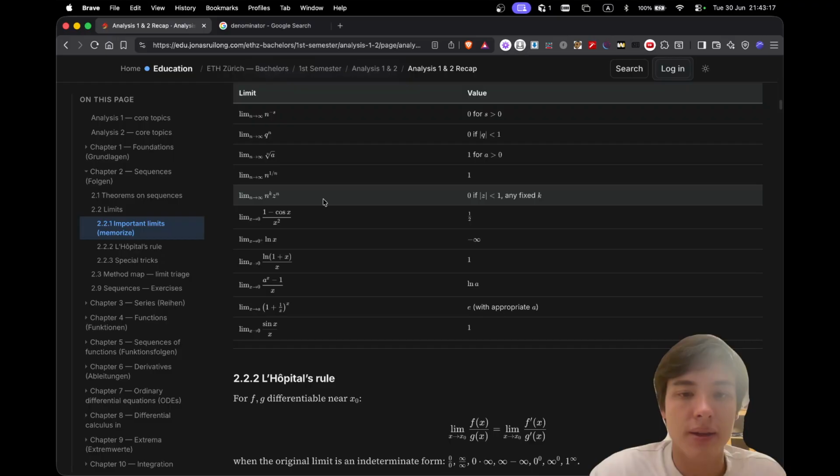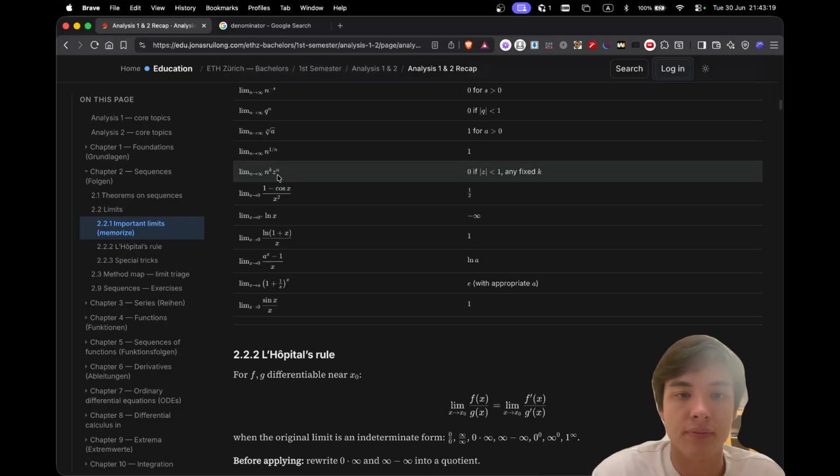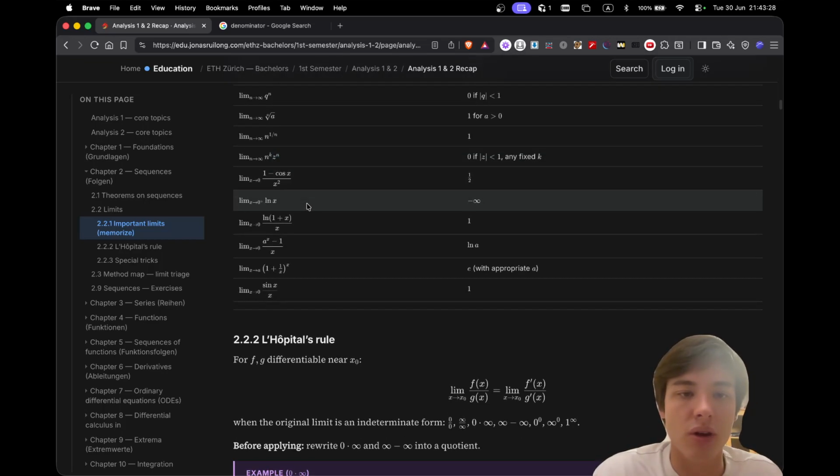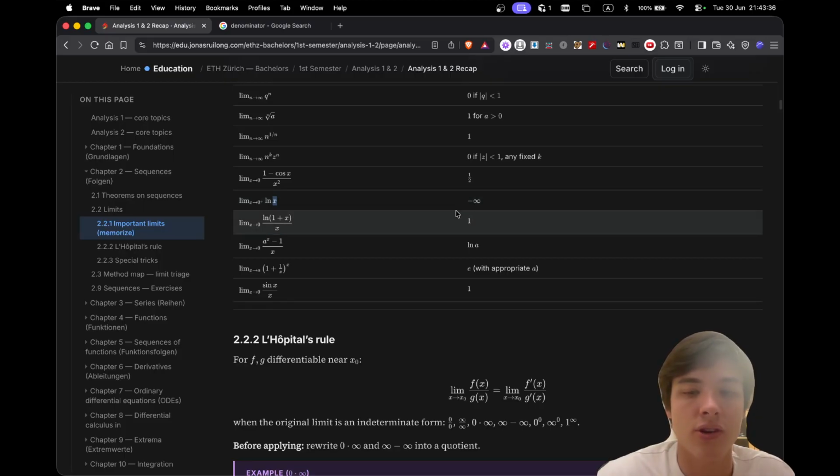Yeah, here we see that the power of n converges faster, so it decreases faster, which makes this go to 0. The natural log goes towards negative infinity.